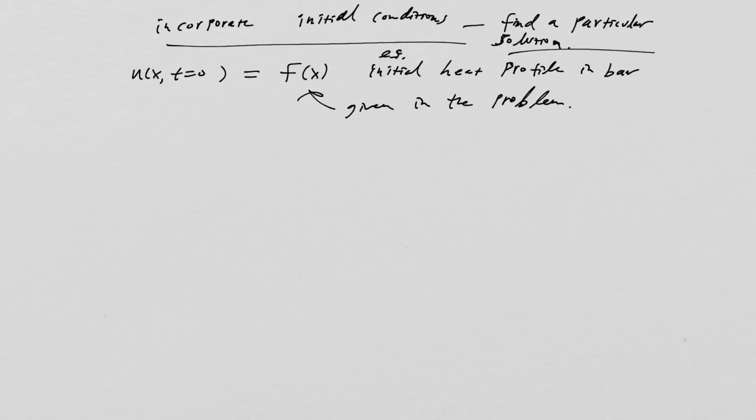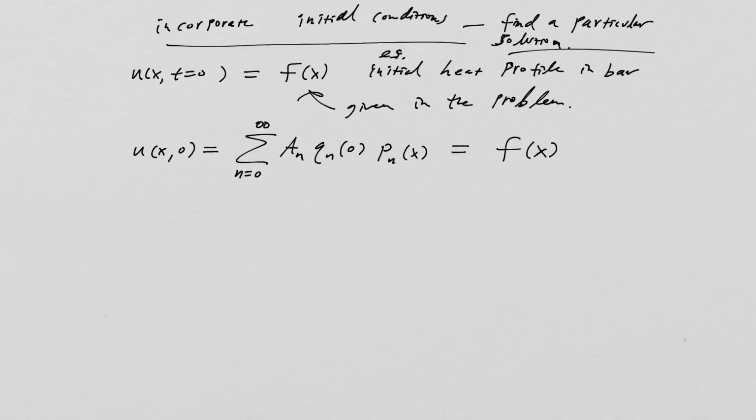Okay, well that means I can write this now as u of x comma 0 is equal to the sum, n starts at 0 and goes up to forever, of an times q n of 0 times p n of x. And we know that has to equal f of x.